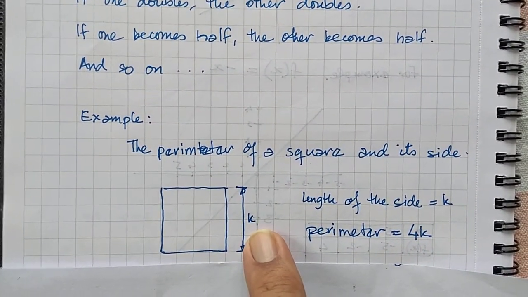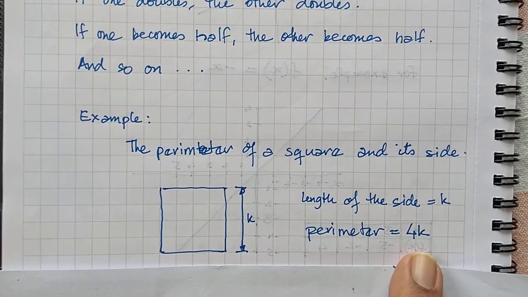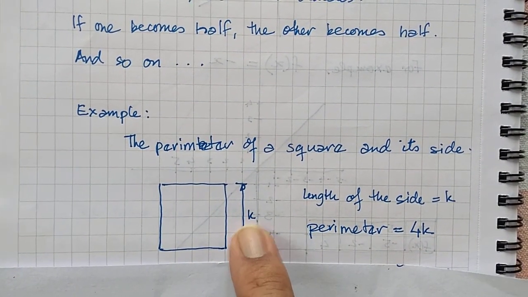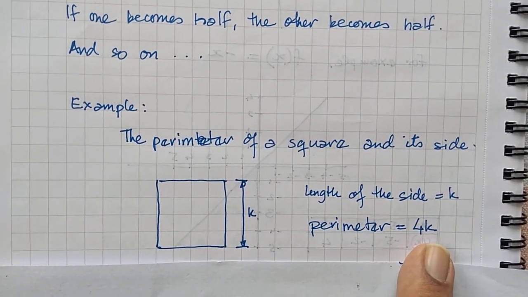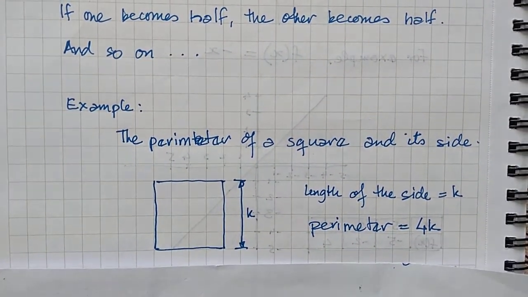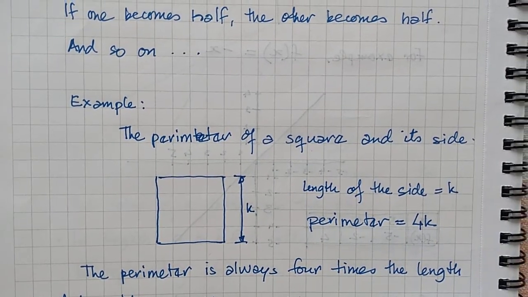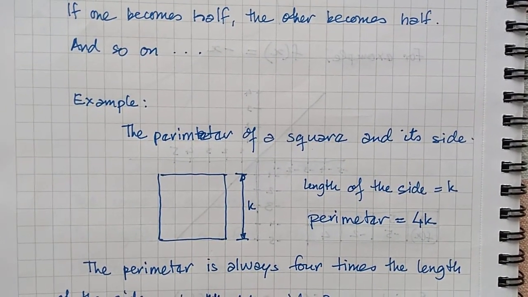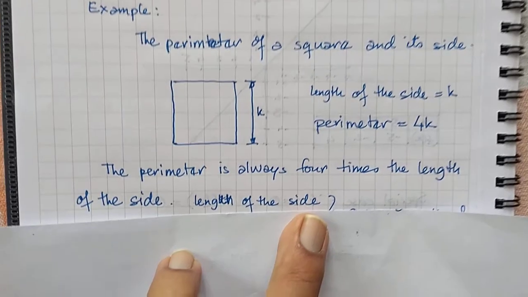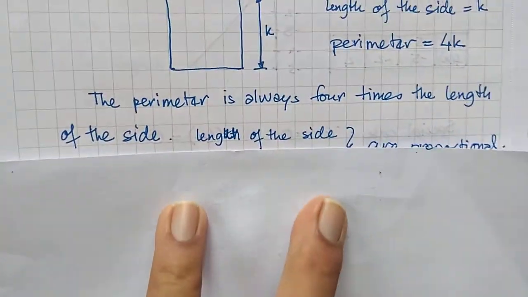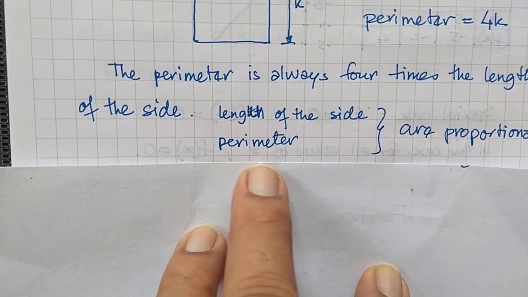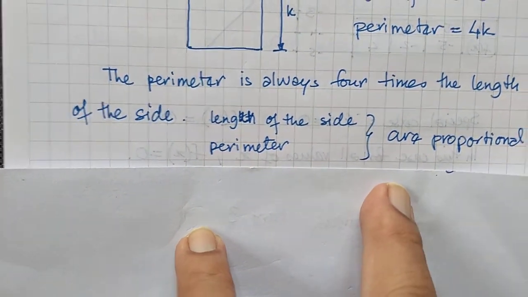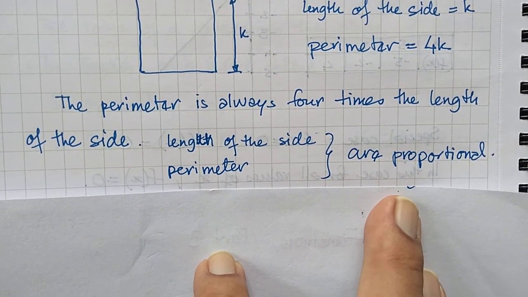So if k is 1 centimeter, the perimeter will be 4 centimeters. If k is 5 centimeters, the perimeter will be 4 into 5, 20 centimeters. So the perimeter is always 4 times the length of the side in a square. That is why you can say the length of the side and the perimeter are proportional.